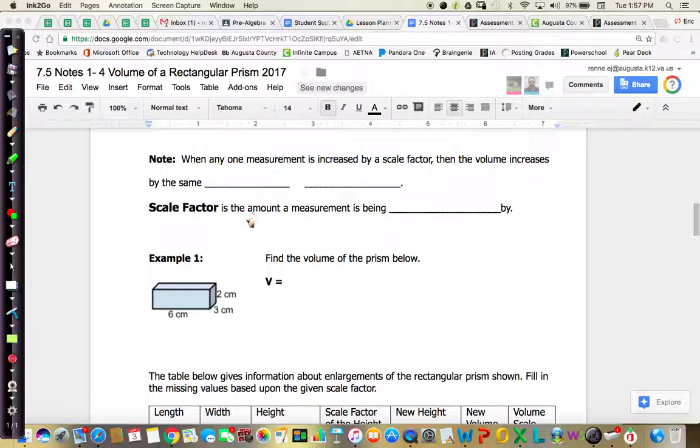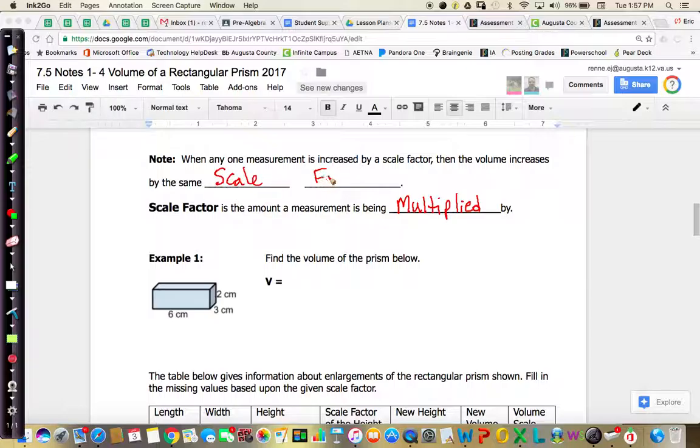So it says scale factor is the amount a measurement is being blanked by. Hopefully you were thinking multiplied by. And now that we know what scale factor is, now this will make more sense. When any one measurement is increased by a scale factor, then the volume increases by the same scale factor.